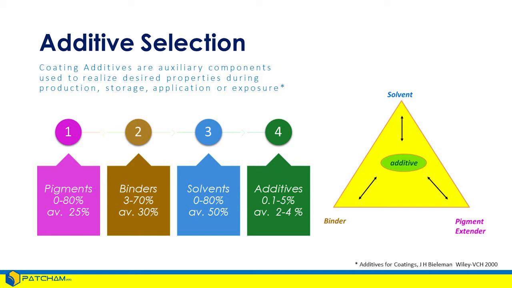So it's a fine balance of the specific binder, the pigment, the extenders that are used, and the solvent blend that's available and used, because we also have to consider in that liquid phase, in addition to just water, we have some organic co-solvents that help the film formation process. And so the selection of additives to work within that particular combination of raw materials is critical to the success of your formulation.